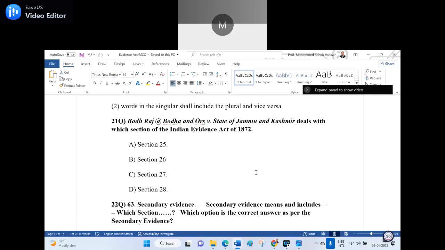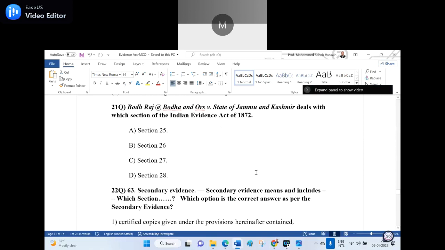It deals with which section? 26, B. Wrong. Option C, sir. Option C is the right answer. That is, Section 27 is the right answer for the 21st question.